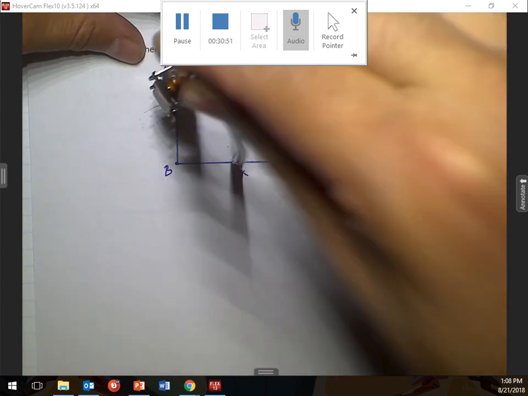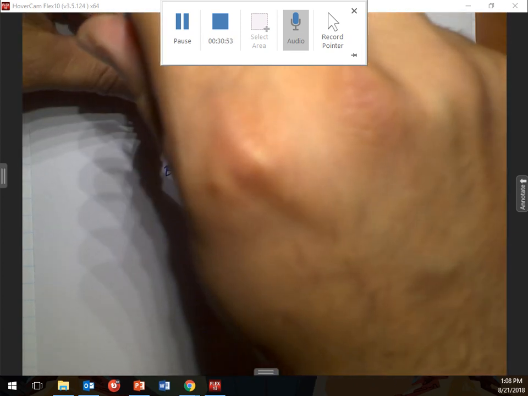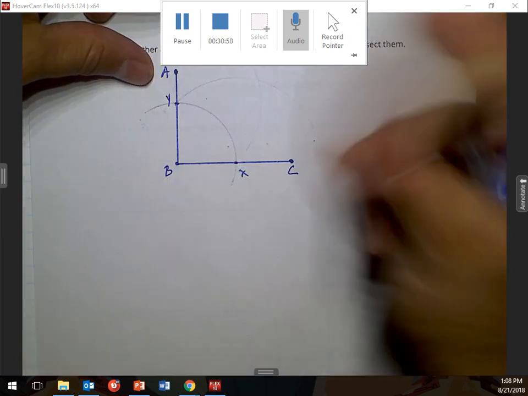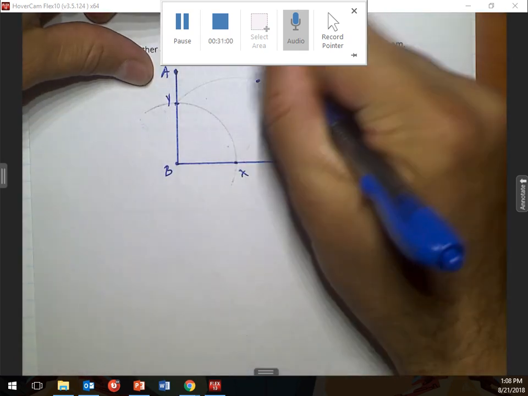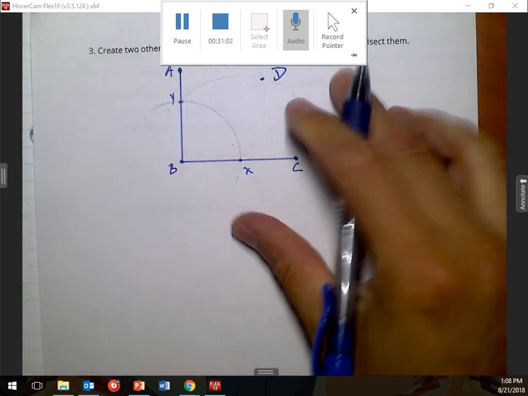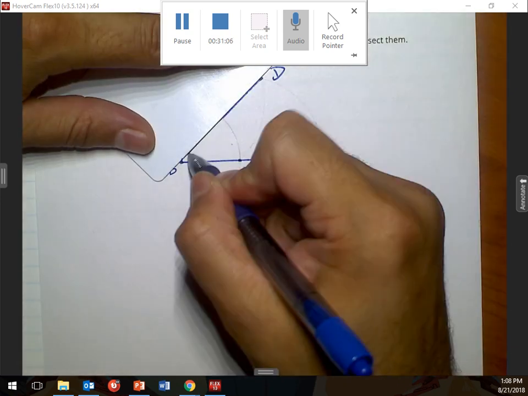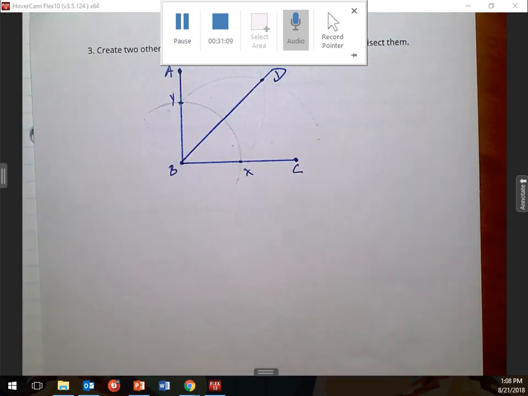Draw my arc this way. Same arc over this way. And then there's where they intersect. And I'm going to draw my line. There we go.